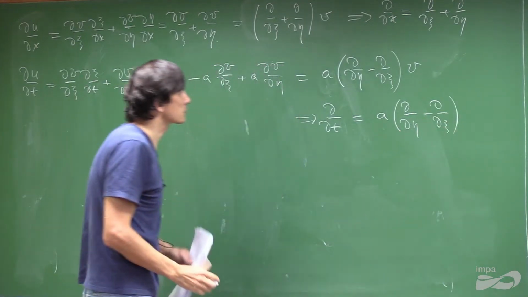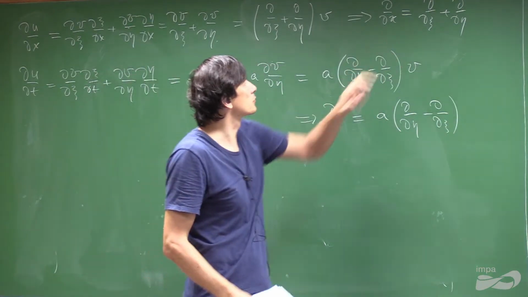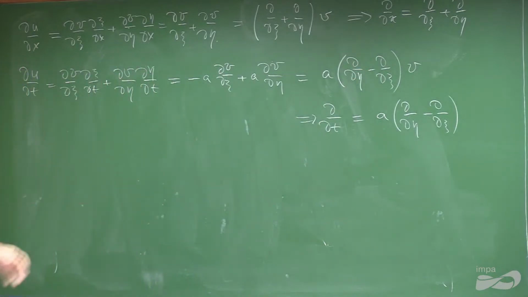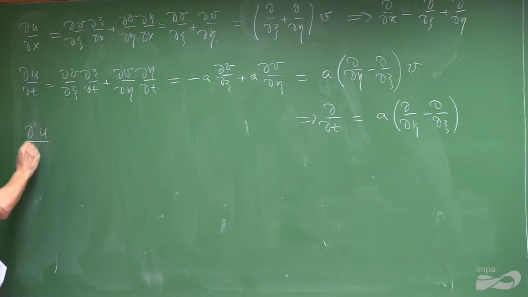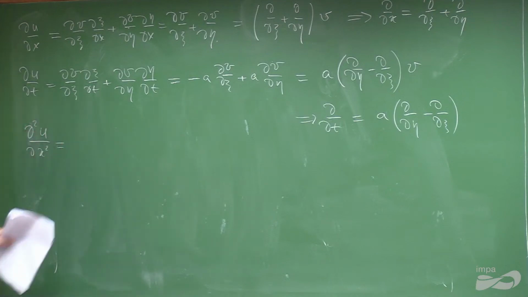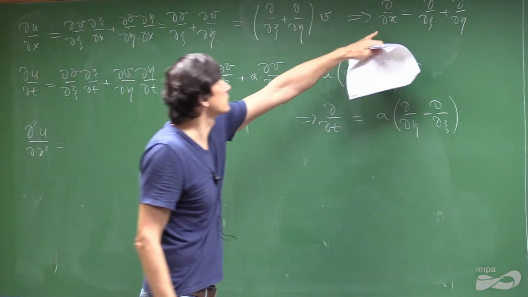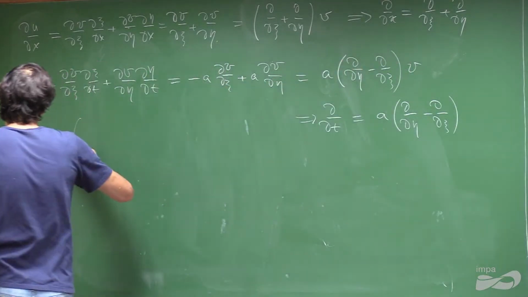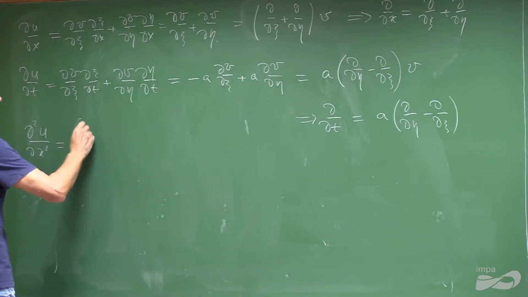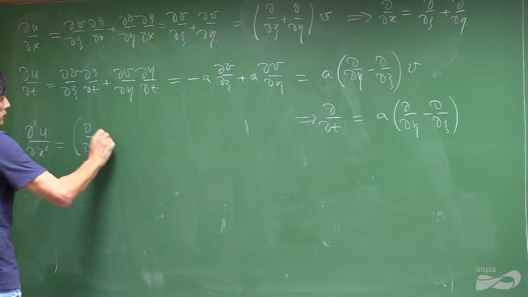So this is a relation between derivatives in the original and new variables, and this gives you higher order derivatives as well. For the second order derivatives, you can just apply this expression twice. You can do it directly, but this way is shorter.